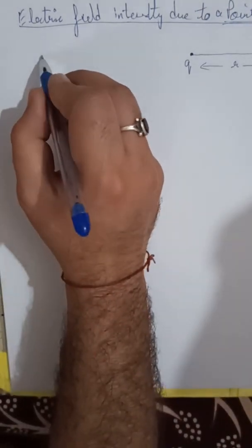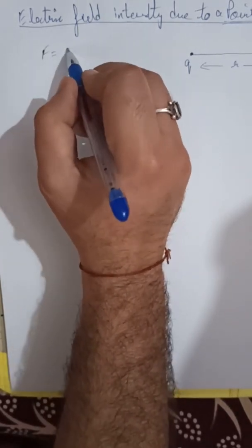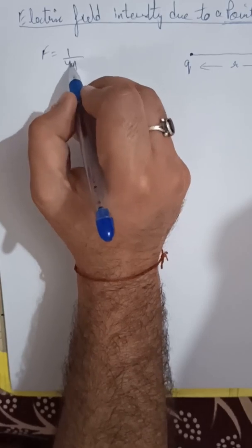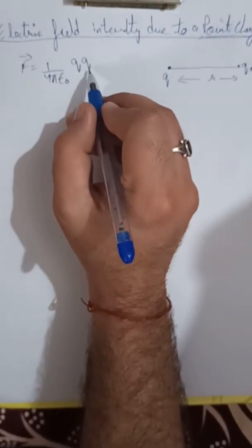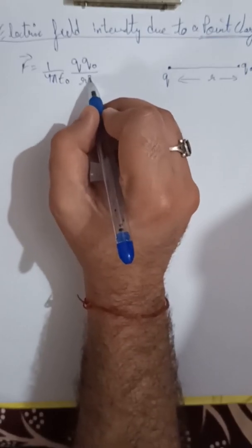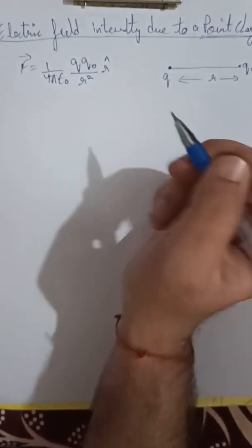Then we know the electrostatic force of interaction by Coulomb's law is given as F is equal to 1 by 4 pi epsilon naught Q q naught upon r square, and for vector we use unit vector r.